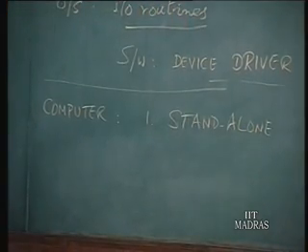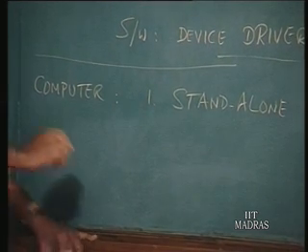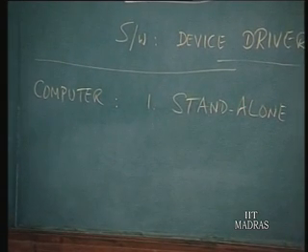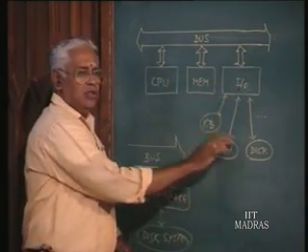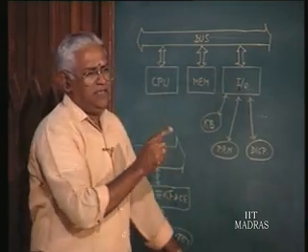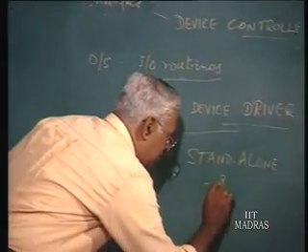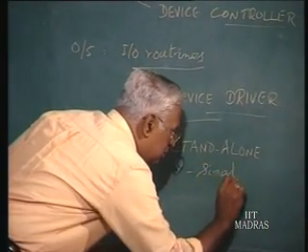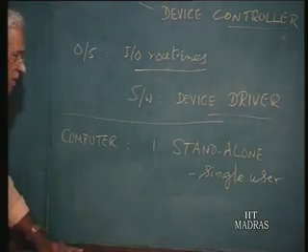By that what we mean is a computer which is a computing system by itself, let us say a desktop computing system which has its CPU, memory and IO cards and all those things necessary for a particular user. So, generally what we have here is a single user in mind, that is what you have when you have a standalone.